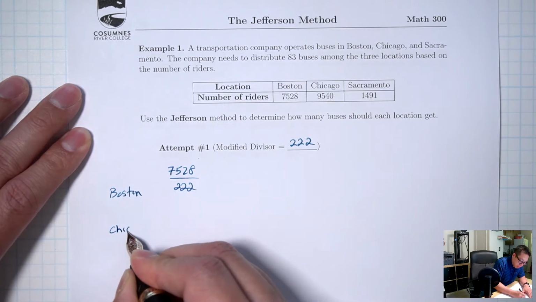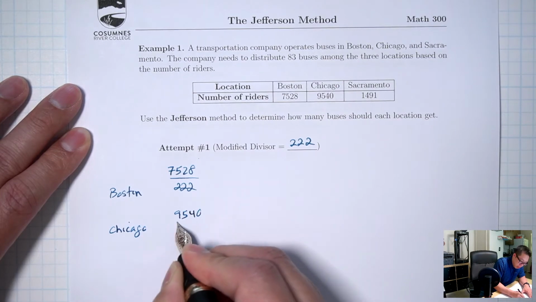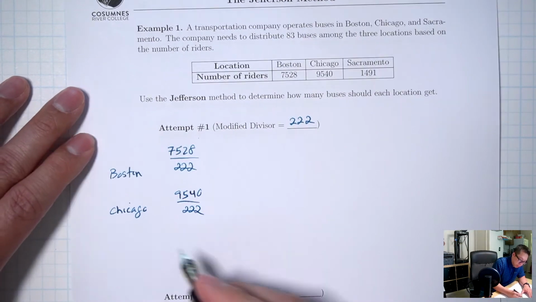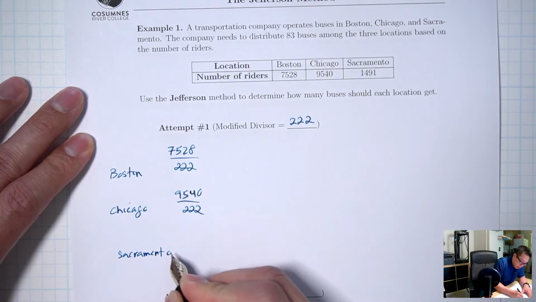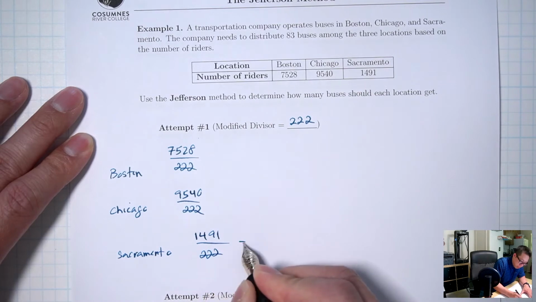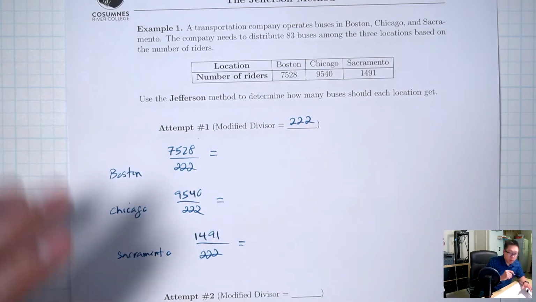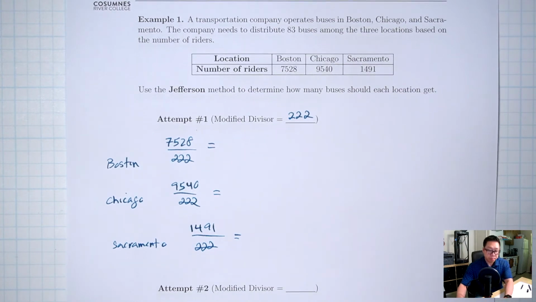Chicago. Right, so divide each of the number of riders by 222, and round to 3 decimal places. So this is 33.910.